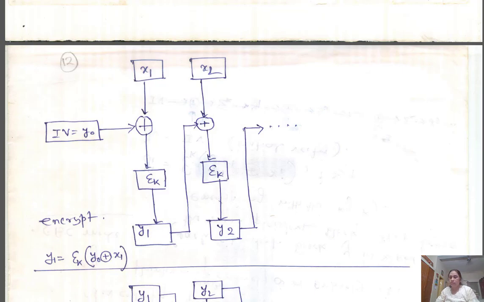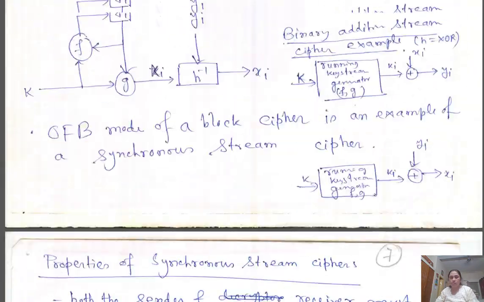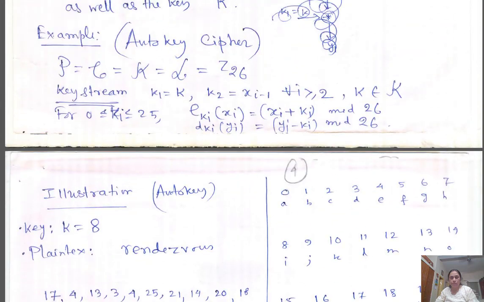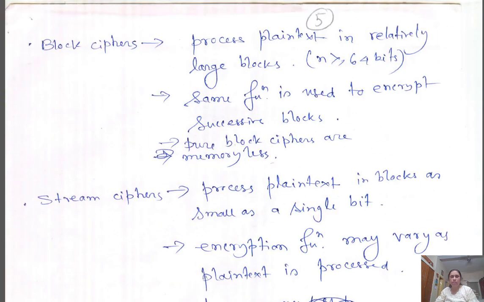So, summarizing block ciphers: if you use pure block ciphers, they are memoryless. Pure means no modes of operation, like DES or AES individually.